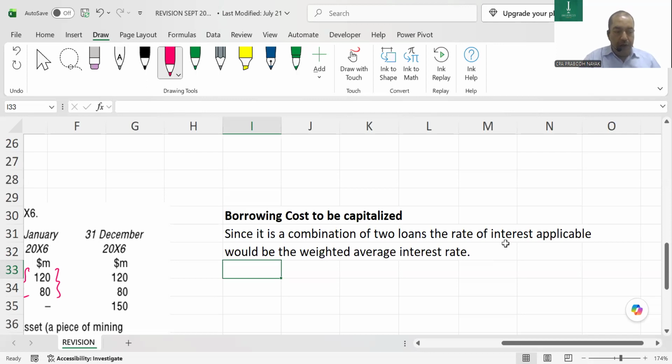So let us calculate the weighted average rate.